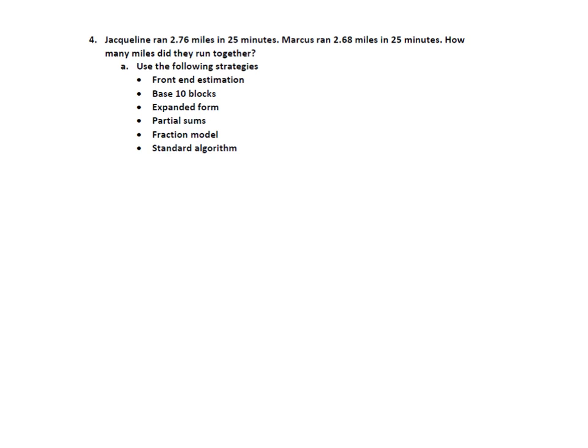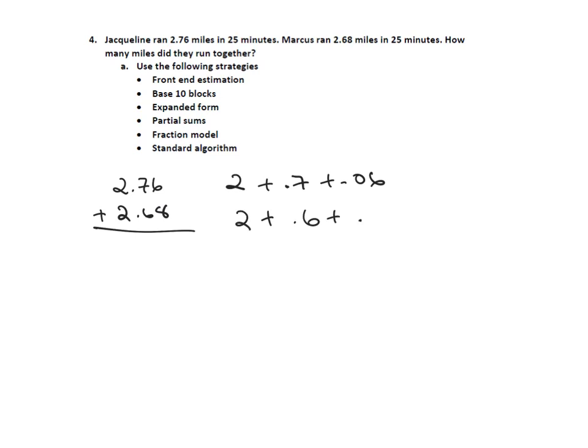Expanded form, 2 and 76 hundredths, 2 and 68 hundredths. Adding those together, so that would be 2 plus 7 tenths plus 6 hundredths, 2 plus 6 tenths plus 8 hundredths. So you add those together, you're going to get 14 hundredths.